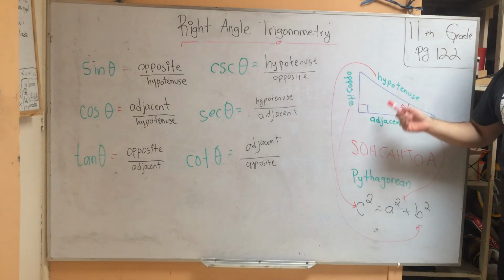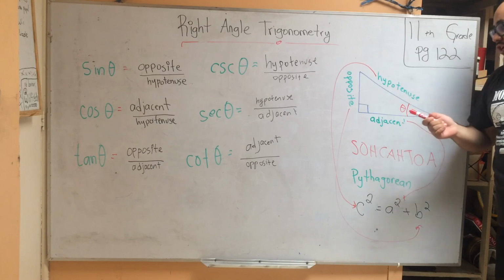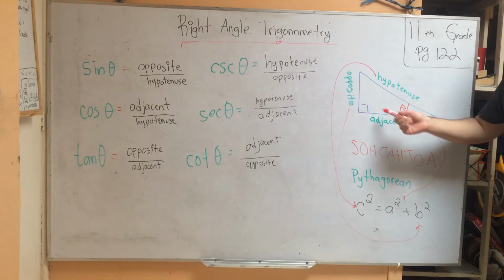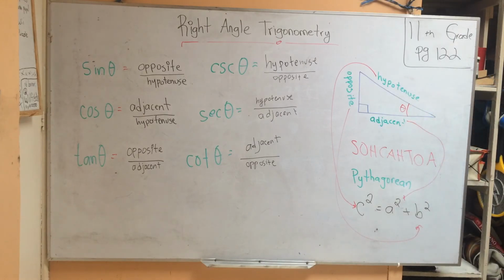Having these two sides can help us find this one, or having hypotenuse and adjacent can help us find the opposite, or having opposite and hypotenuse helps us find the adjacent.